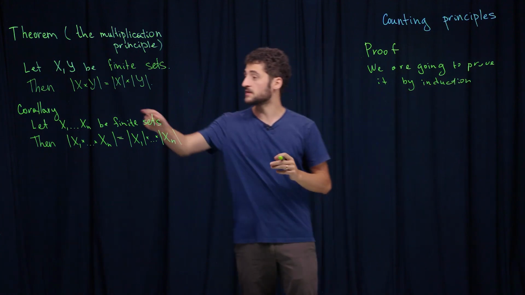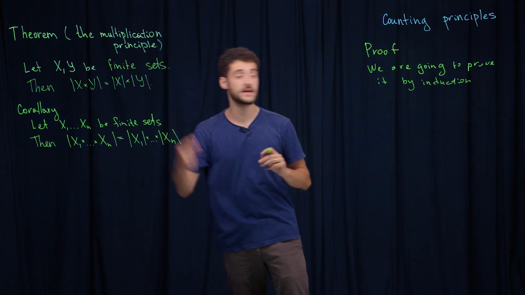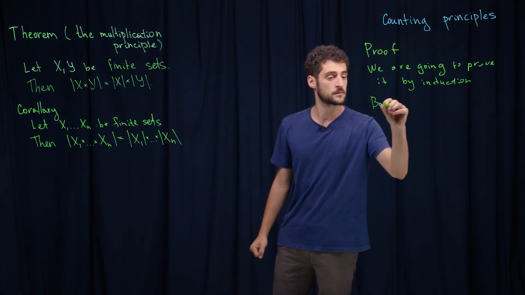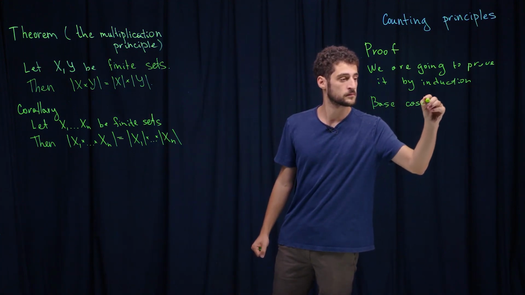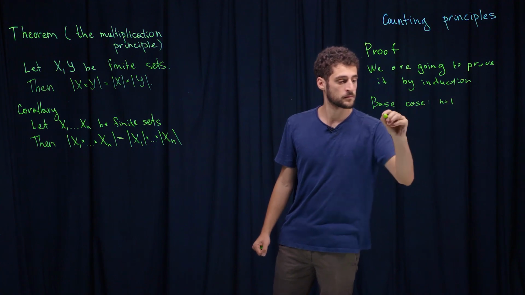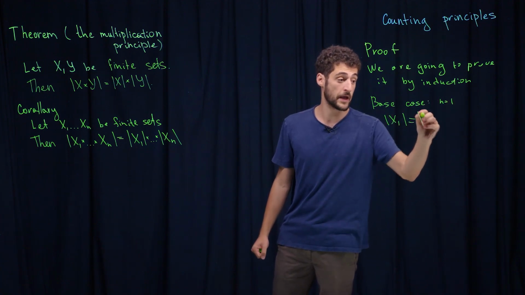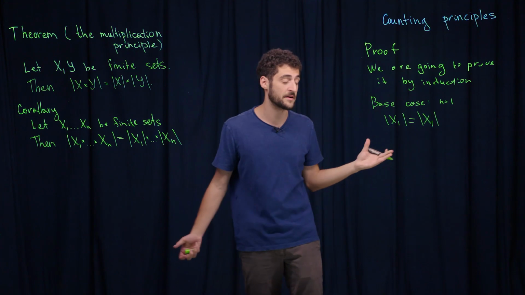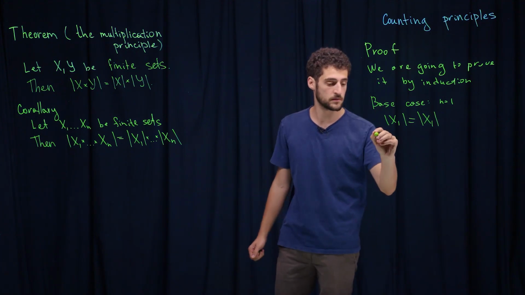The base case is when we have only one set. X1 is equal to X1, so their sizes are equal, and it's okay.